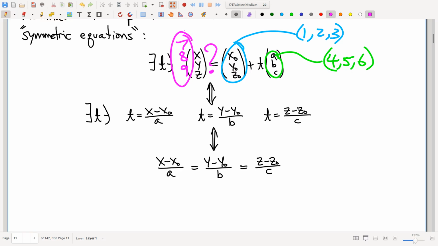So we're looking at the blue point and the green direction vector. Then I would need for 7 minus 1 over 4 to equal 8 minus 2 over 5, etc. Right?